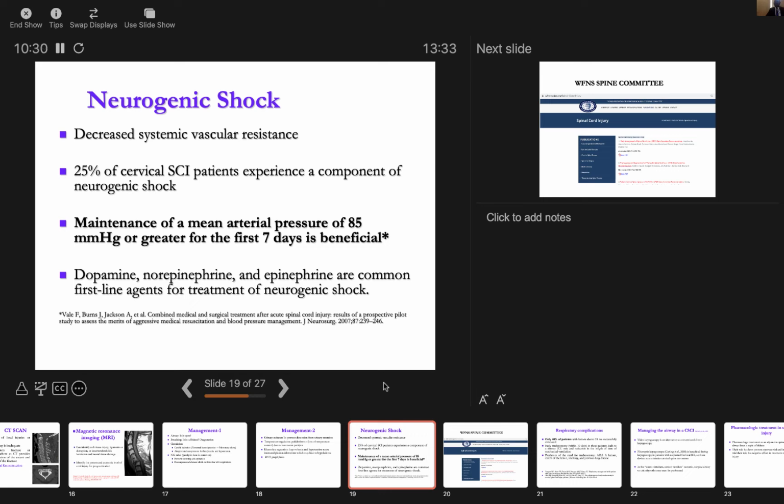And maintenance of a mean arterial pressure of 85 millimeters of mercury or greater for the first 7 days is found to be beneficial. Dopamine, norepinephrine, and epinephrine are common first-line agents for treatment of vascular shock. This kind of vasopressors corrects vascular shock.